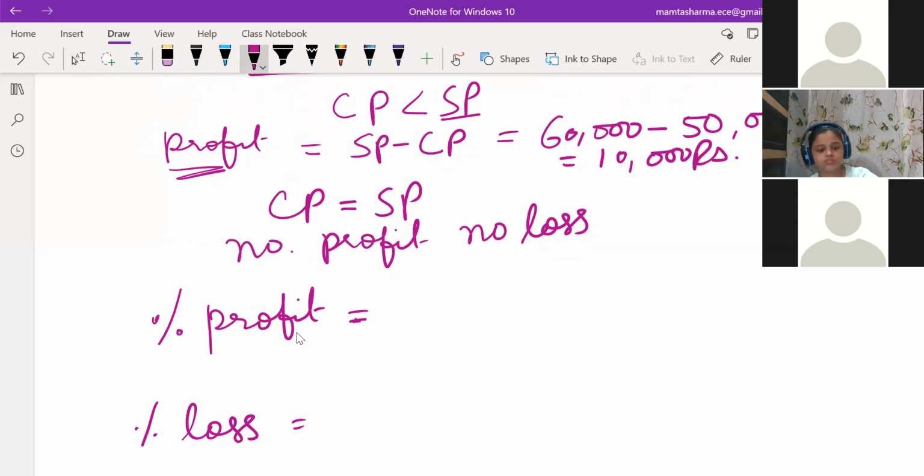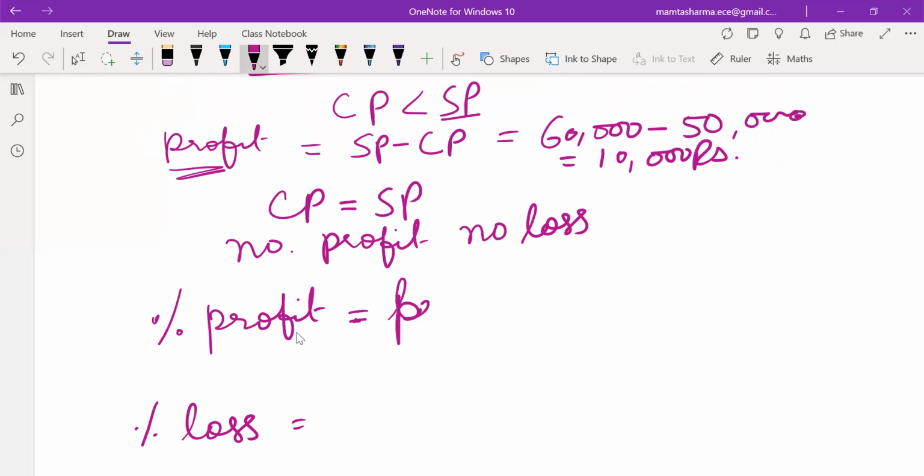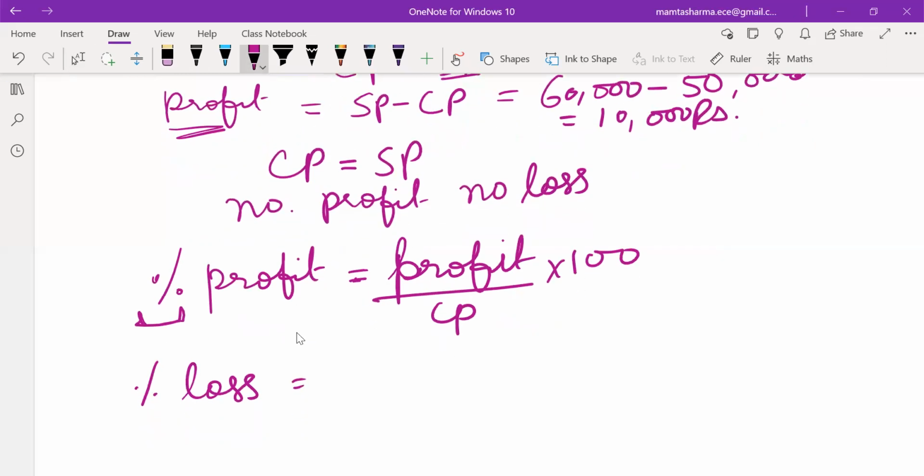So first calculate the profit and then divide it by the cost price, and since you have to calculate the percentage, multiply it with 100. Clear? Now percentage loss: first calculate the loss, and it is also calculated with respect to cost price. Since it is a percentage, multiply with 100.